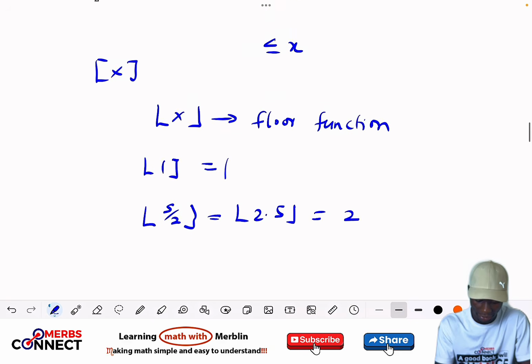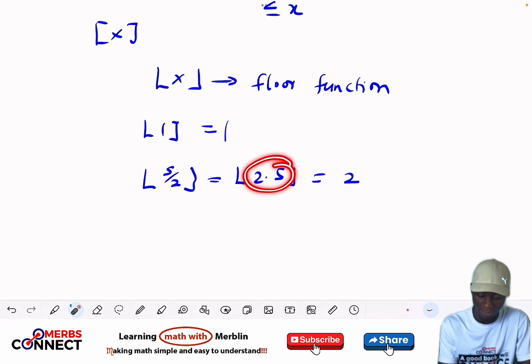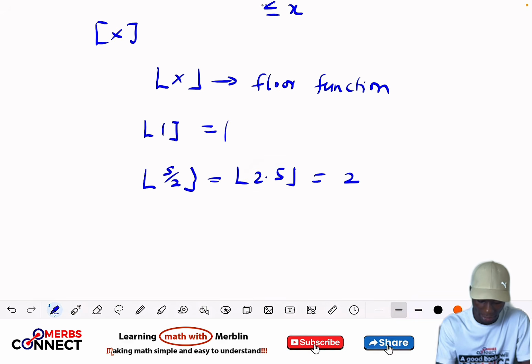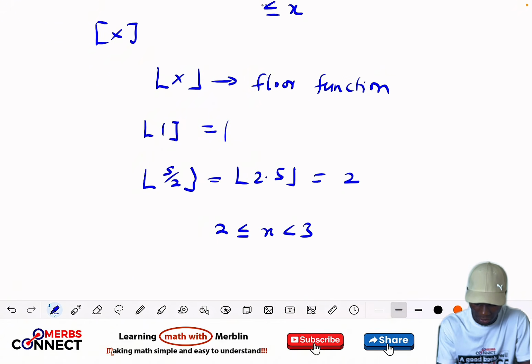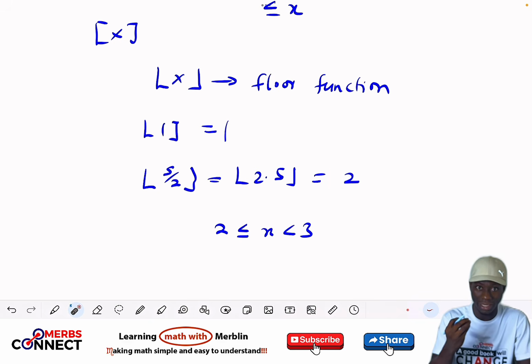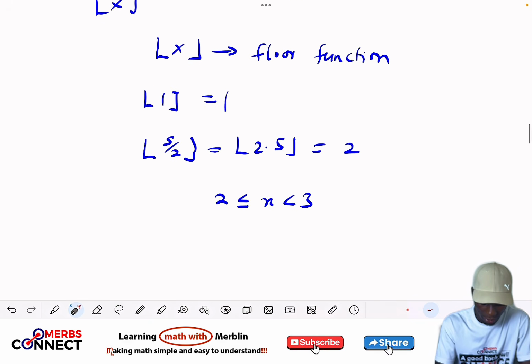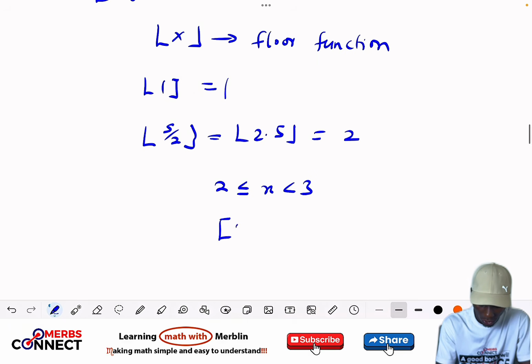Why are we saying that? Now, if I pick something like this, when I approximate this one, I'm going to have 3. So I can say that here my x is between 2 less than or equal to x less than 3. So here the greatest integer will be 2, because between 2 and 3, this can be written as this and 3 open.